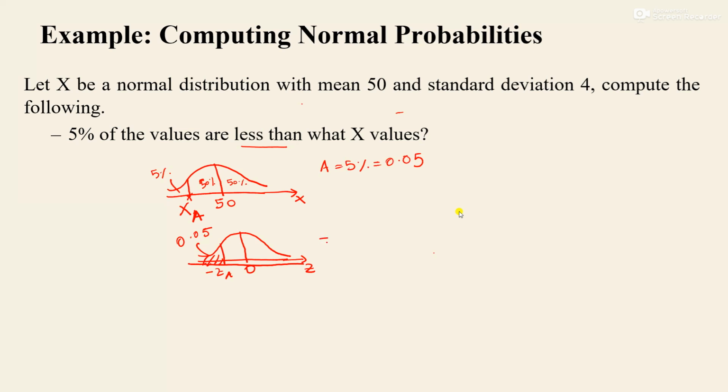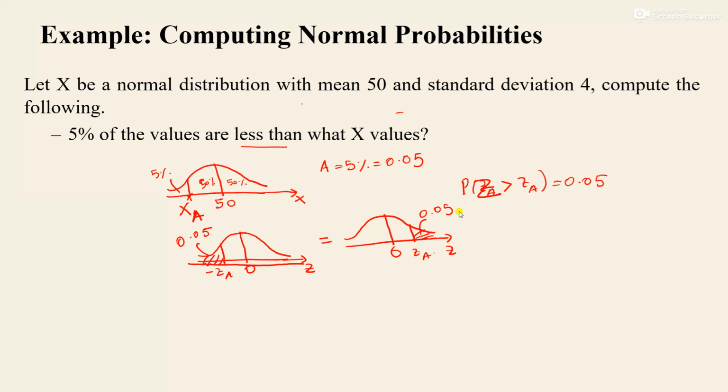So this is equal to 0 to positive Z A, with the tail area 0.05. So from this we have the probability of Z greater than Z A is equal to 0.05.